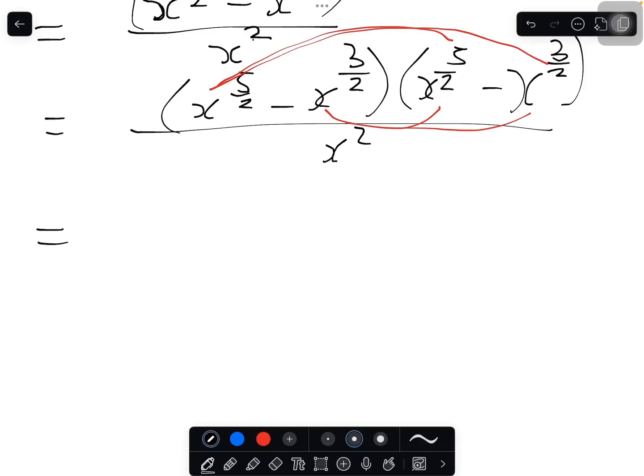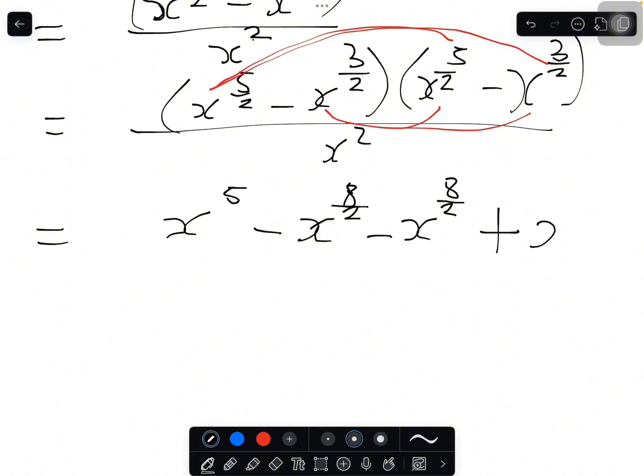And I'll have x to the 5 minus x to the 8 over 2, minus x to the 8 over 2, plus x to the 3 all over my x squared.